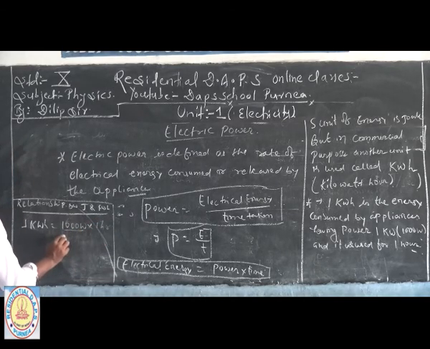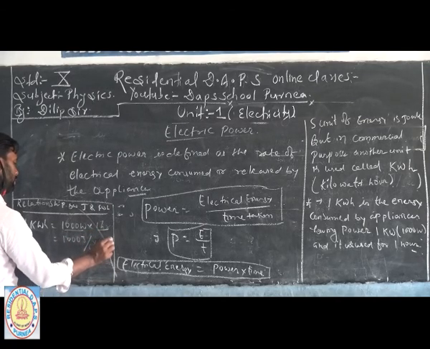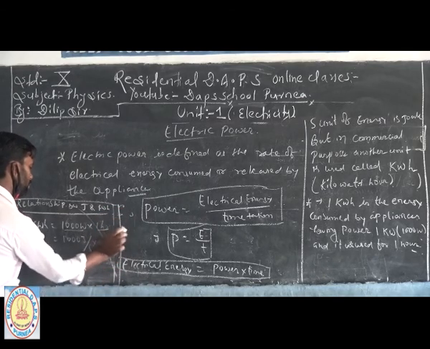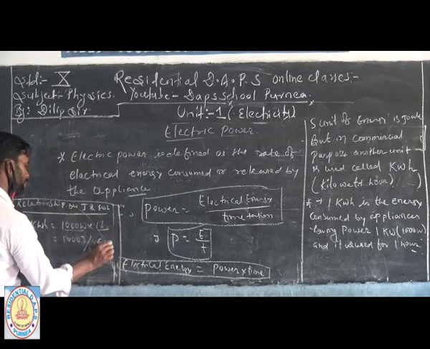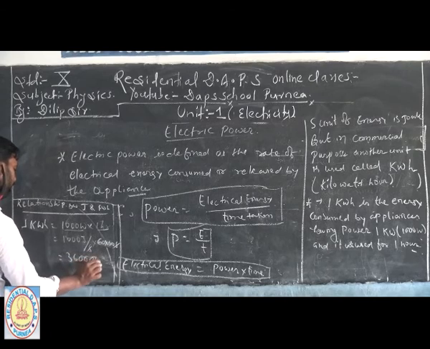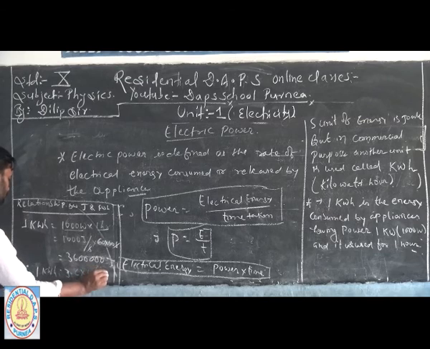This 1000 watt equals 1000 joule per second, and 1 hour means 60 into 60 into 60 seconds. Second cancel, that is equal to 3600000 joule. Therefore 1 kilowatt hour equals 3.6 into 10 to the power 6 joule.